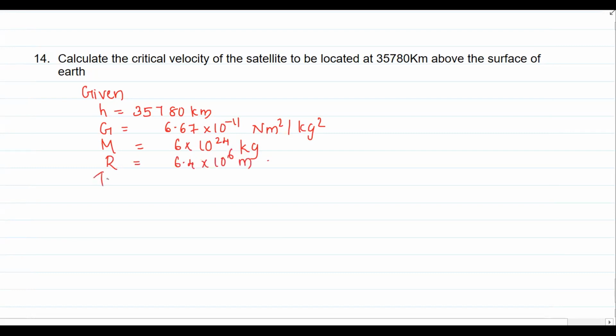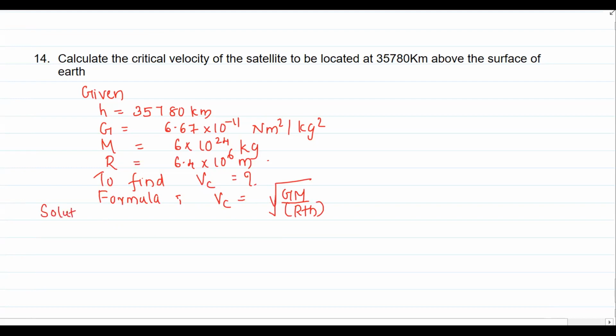To find the critical velocity, the formula is Vc is equal to under root GM upon r plus h. This whole thing will come in the root.